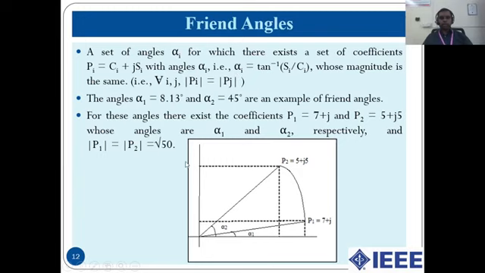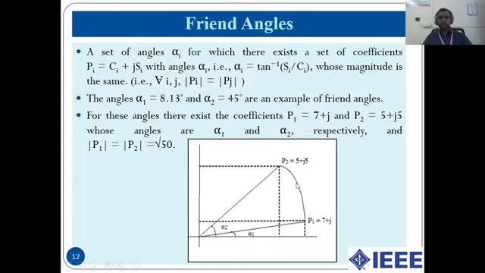In such a case, I would like to give you a small example where the complex numbers with respect to p1 and p2 are generally shown as 7 plus j and 5 plus j5. Here, the magnitude of p1 and p2 is the same, that is square root of 5 square plus 5 square, which becomes square root of 50. In both cases, the magnitude of p1 and p2 is the same.